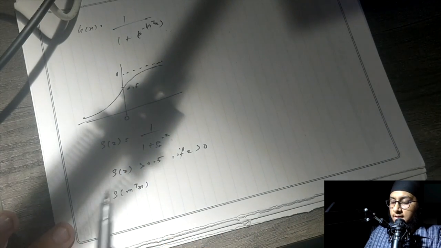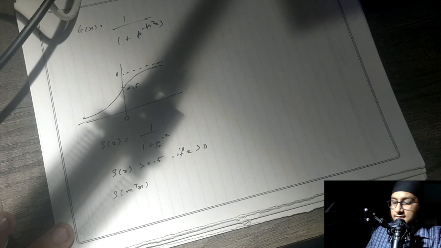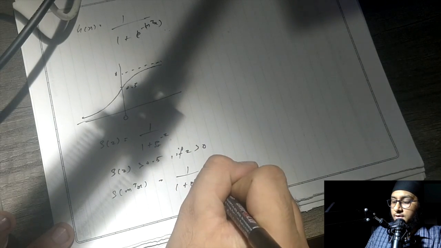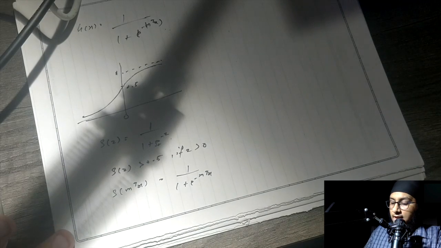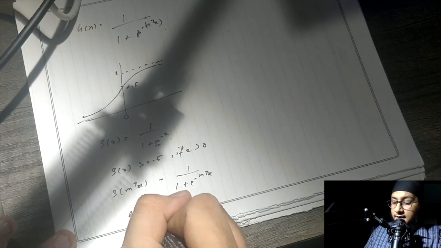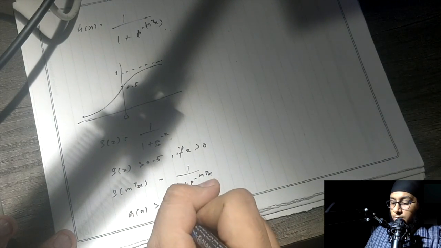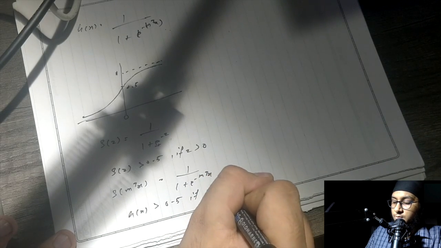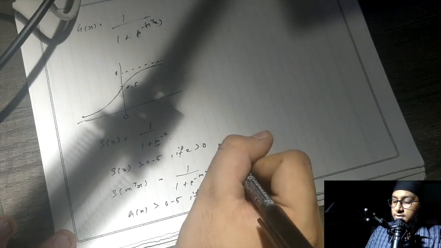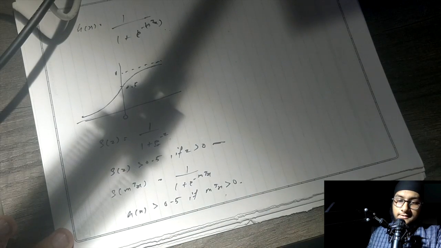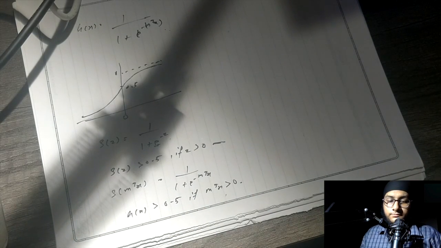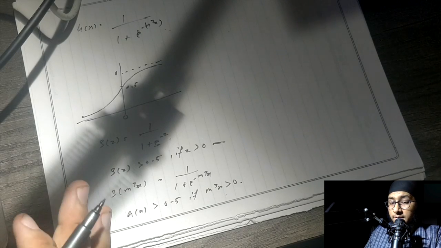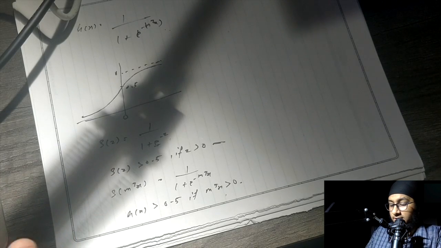It equals 1 upon 1 plus e to the power minus m transpose x, and h of x would be greater than 0.5 if m transpose x is greater than 0. So this proves that the prediction function we have come up with is the sigmoid function.